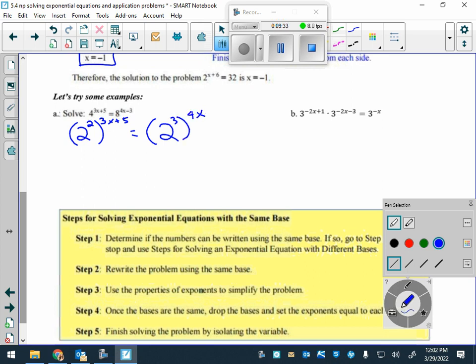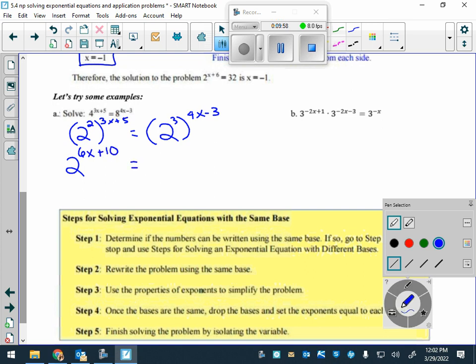Now, when you have something set up like this, what would you have to do then with your exponents? Grace? Good. So you would have to multiply. However, we have an expression here, a binomial, so we have to distribute. So it would be 2 to the 6x plus 10.